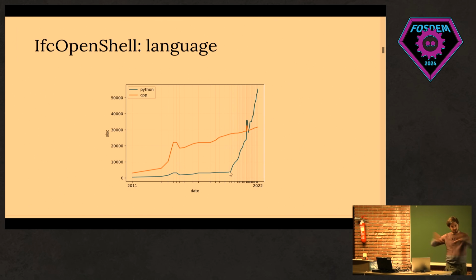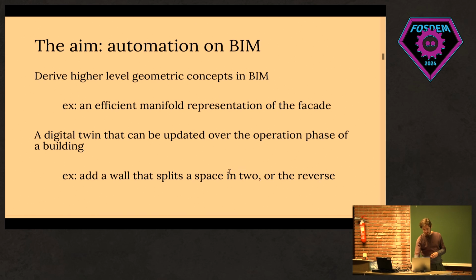IFC is really an extensive schema. It's roughly 1,000 to 2,000 classes or data types. And if you really want to interact with that in a meaningful way, you need to operate on a bit of a higher level. That's also where that steep increase in Python code is coming from.